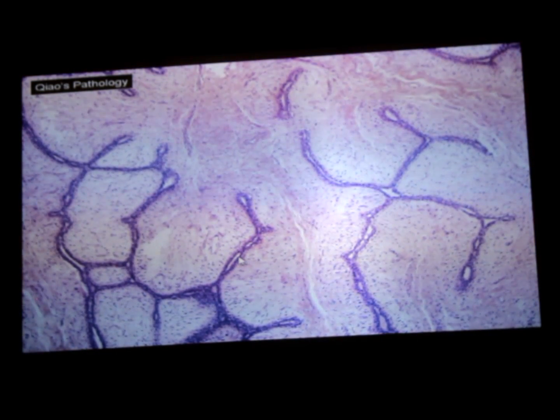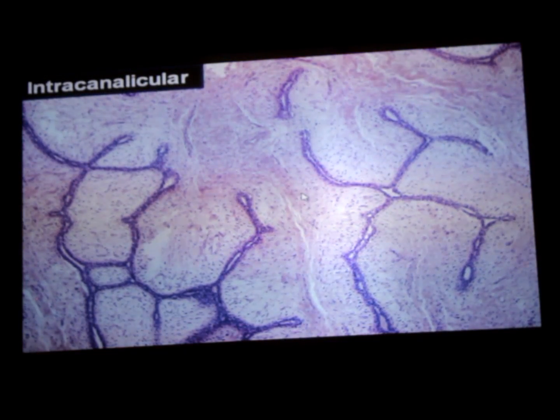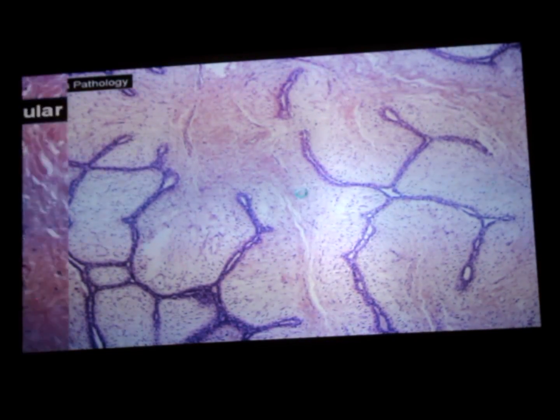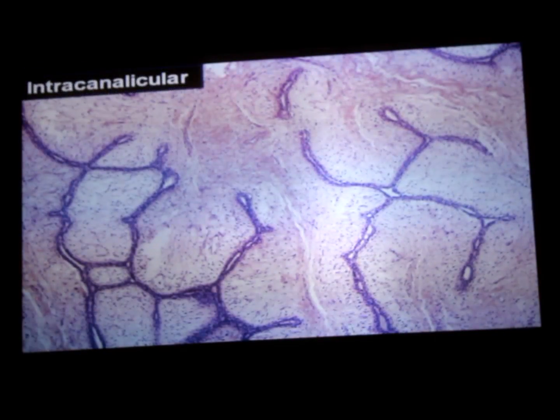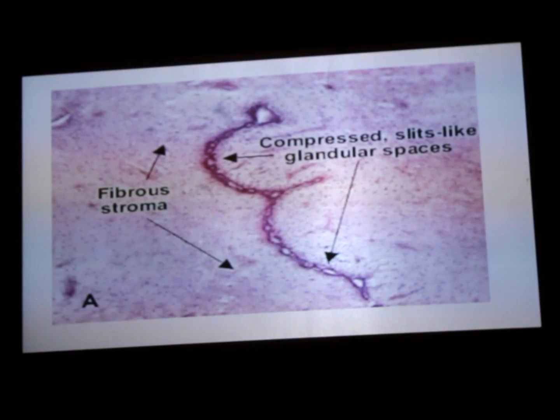This is intracanalicular, okay, where the glands are compressed by the growing stroma, slit-like spaces. Okay, the stroma is growing and it has pushed this.